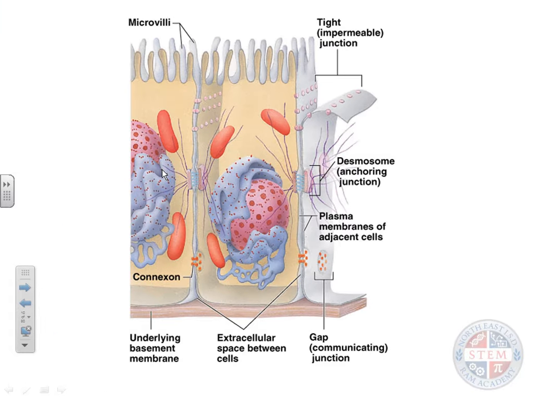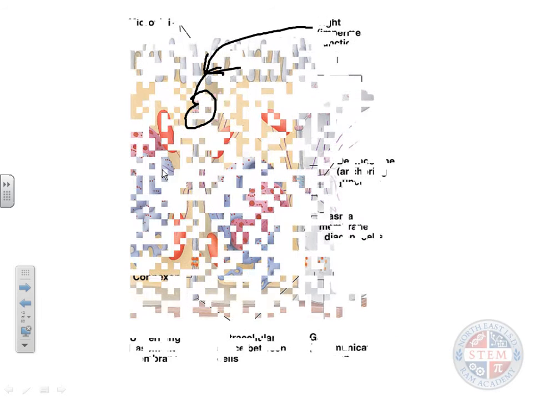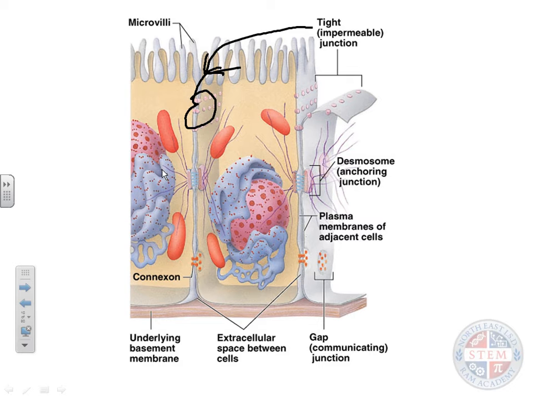So here we can look at the different types of how they go together. Here this shows you, if you go from here to here, these are the tight junctions, and if something was coming in this direction, you can see that it would be stopped by these tight junctions, which are impermeable.